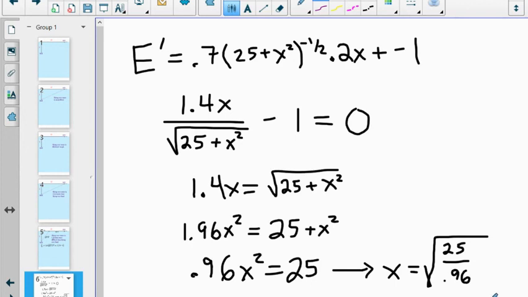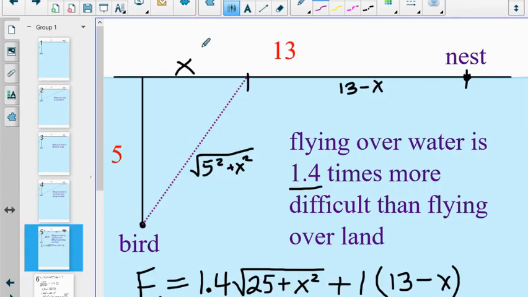It didn't come out to a very nice number. But that tells me that the bird should find a point that's about 5.1 miles out. So in reality, we're looking at almost a 45-45-90 triangle, an isosceles right triangle. So head out at a 45-degree angle, and we will minimize the amount of energy spent flying from one place to the other.